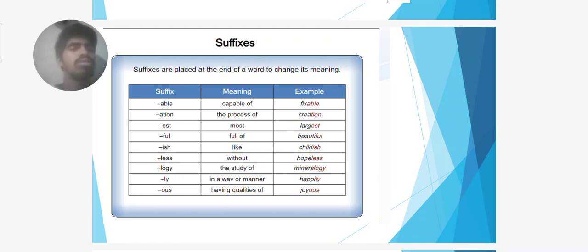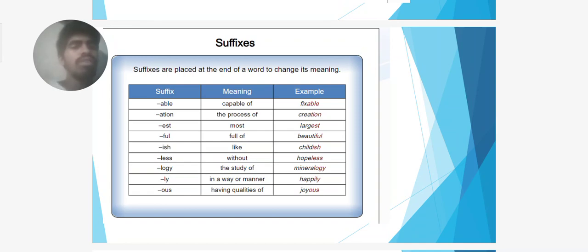Est means most, largest. Ful means full of, beautiful. Ish means like, childish. Less means without, hopeless. Logy means the study of, mineralogy. Ly means in a way or manner, happily. Ous means having quality, joyous. These are the suffixes, their meanings, and examples.